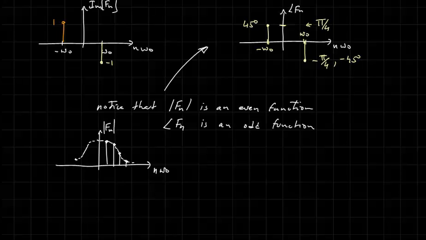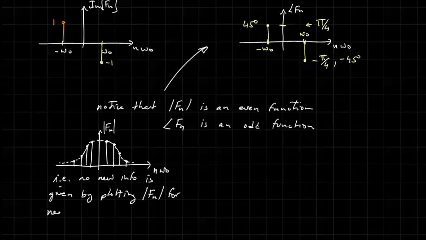It turns out that if you look at the corresponding negative values of n, they will have the same values. I.e., no new info is given by plotting the magnitude of F(n) for negative values of n.